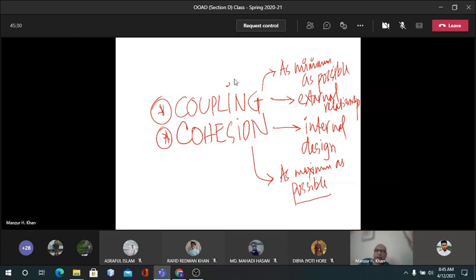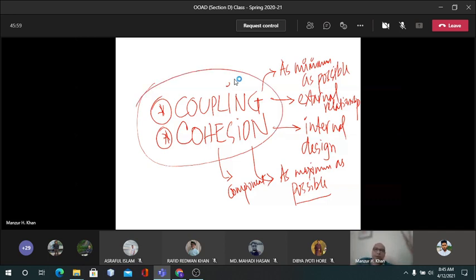High cohesion is desirable, low coupling is desirable. High cohesion means your components are more focused. Okay. Low coupling means the components are only connected on a need basis, not unnecessarily connected. So these are the two very important properties of system design.